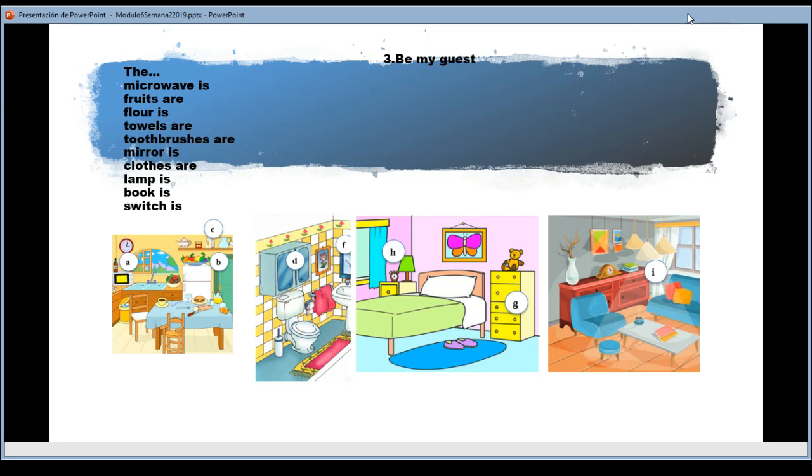For example, for this activity number 3, you have to download the document, and then you will have these pictures. On these pictures, you will see certain objects marked with some letters. For example, A, B, C, D, E, F, G, H, I, and so forth.